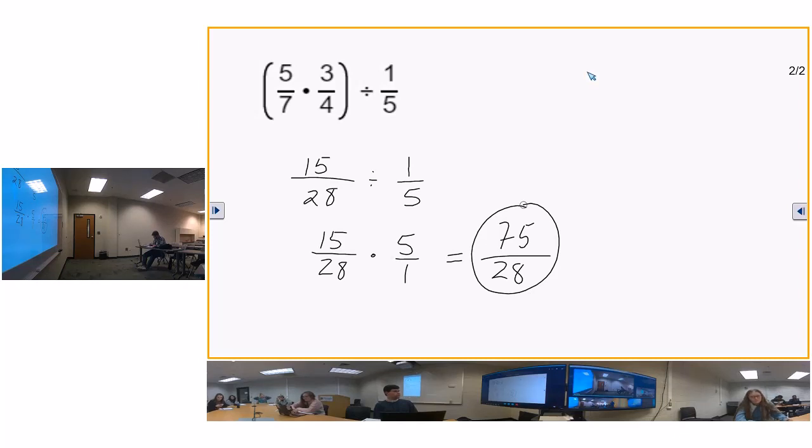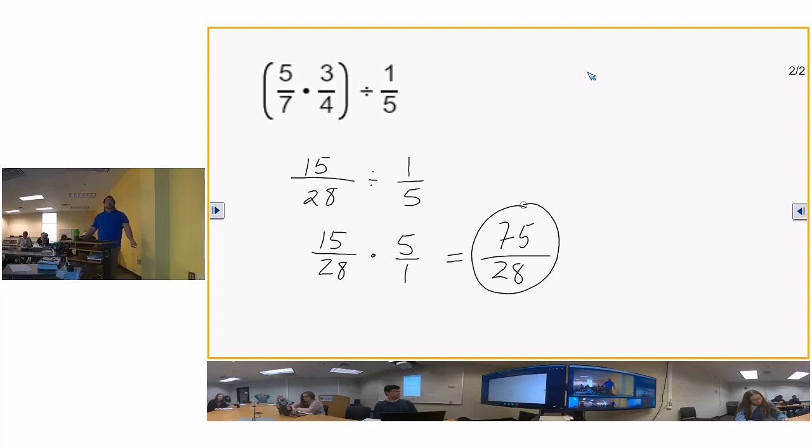Do you see directions that say put it in a mixed number? Nope. So you leave it just like that. Now, can you reduce it? The only thing that goes into 28 is 4 and 8 and 2 and 14. Since 75 ends in a 5 and 28's even, it's going to be hard to reduce. So I would say that's pretty much the answer.